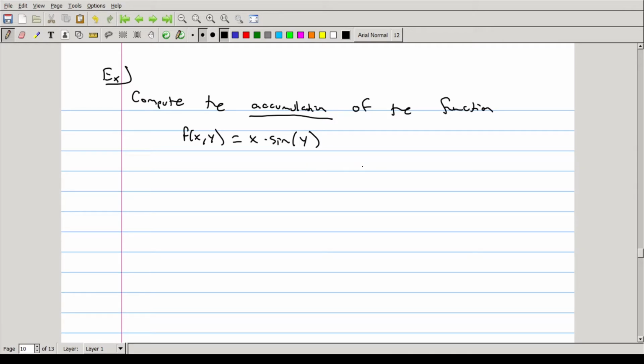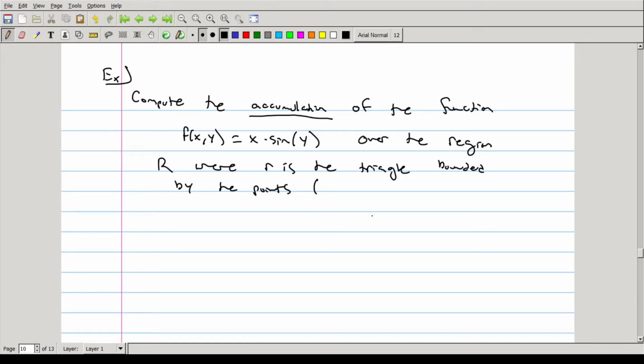This is just the double integral of this function over the region R, where R is the triangle bounded by the points (0, 0), (pi, 0), and (pi, pi).